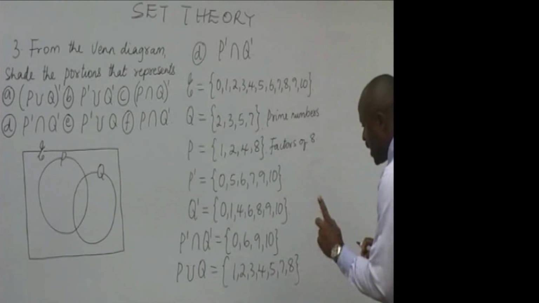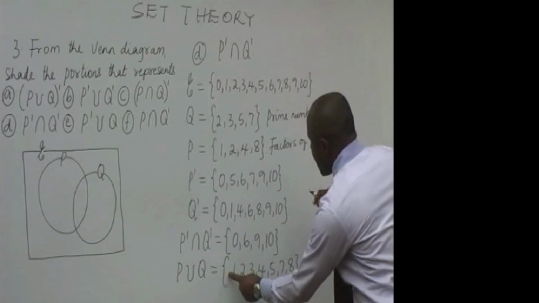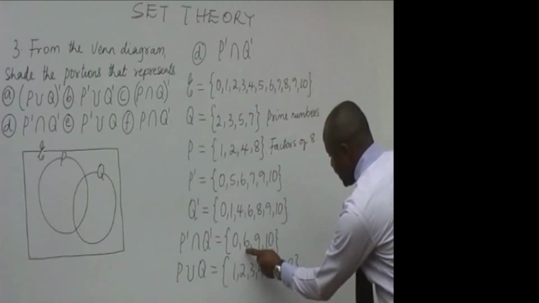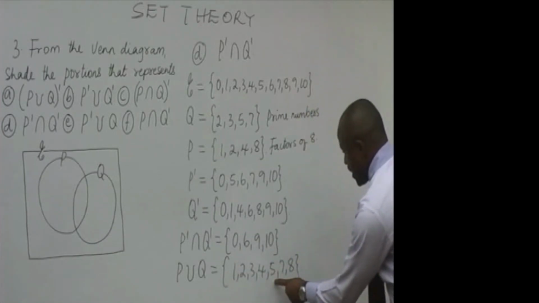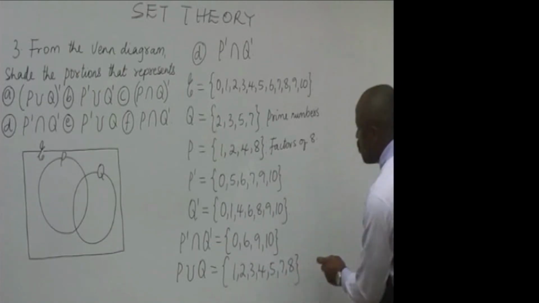So if you add 0 here, add 6 here, then add 9 and 10, you will get the universal set.